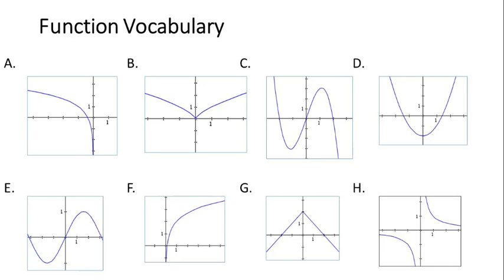And we have that here on graph C. What origin symmetry means is that we have the same thing going on here in quadrant 1 as we have in quadrant 3. Sometimes in class I refer to this as diagonal symmetry, symmetry through the origin. So we have that on C. It looks like we have it again on E, and also here on graph H. So C, E, and H.